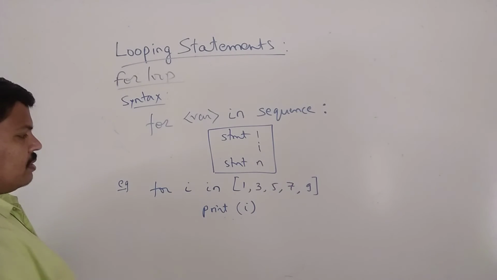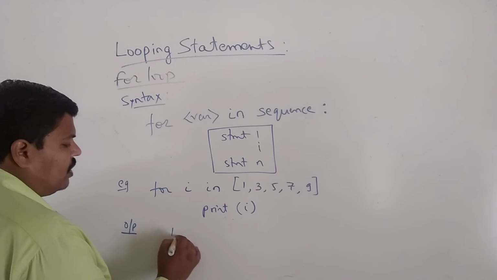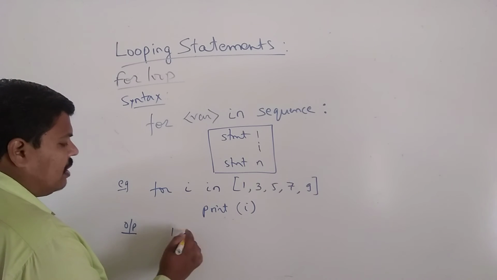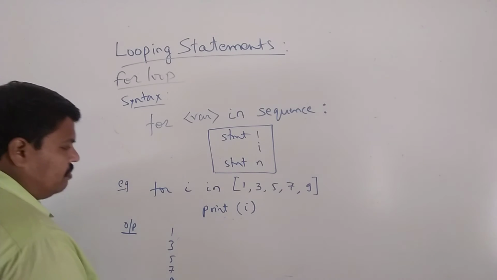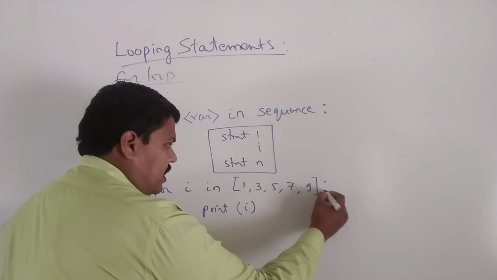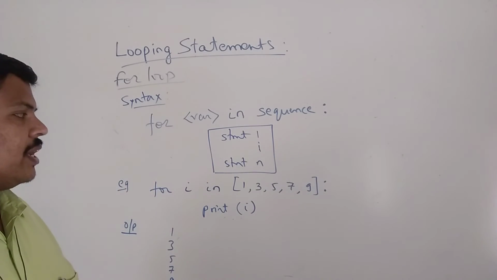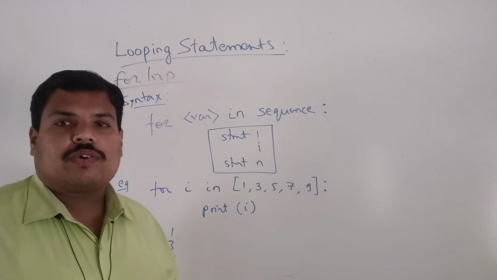So what will be the output? 1, 3, 5, 7, 9, on separate lines. There will be no comma. Yes, colon. Do not forget the colon. Okay. So have you got this? Yes, the for loop.